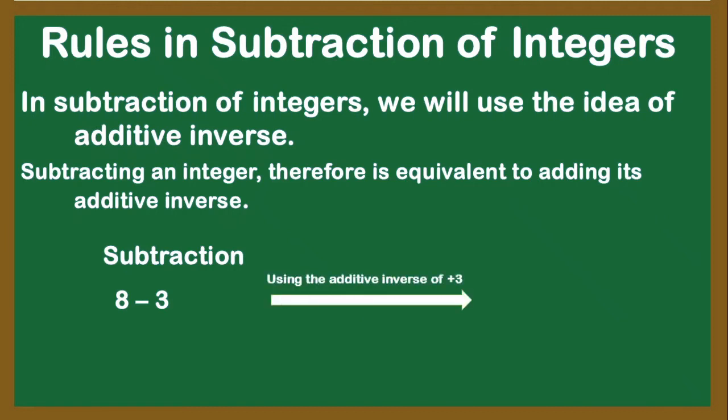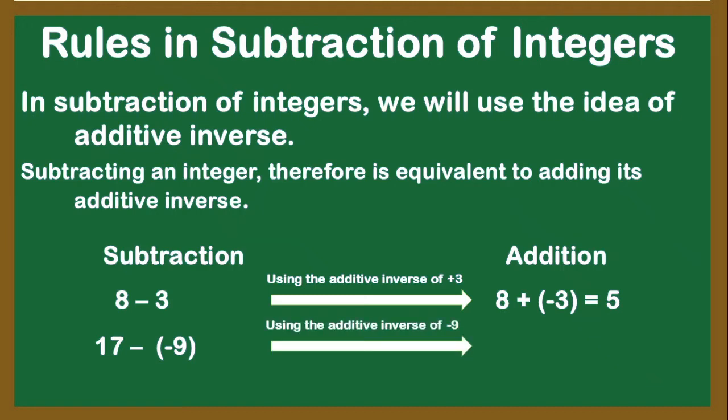Using the additive inverse of positive 3, in addition form, we have now 8 plus negative 3 equals 5. 17 minus negative 9, using the additive inverse of negative 9, in addition form, we have now 17 plus positive 9 equals 26.